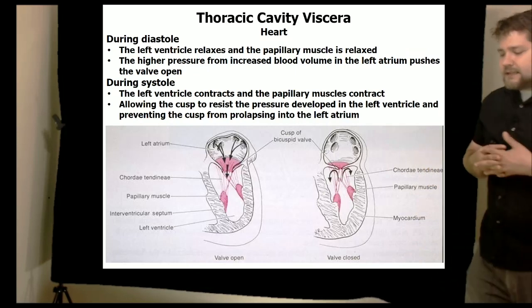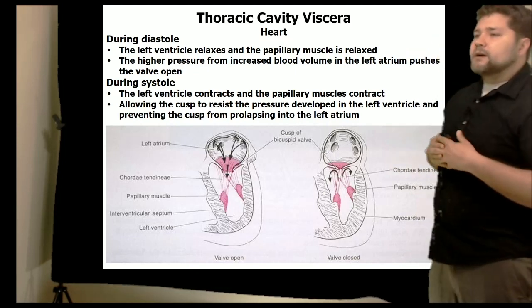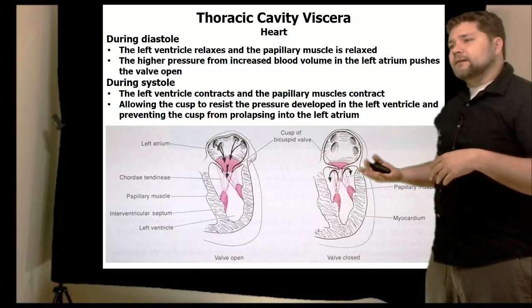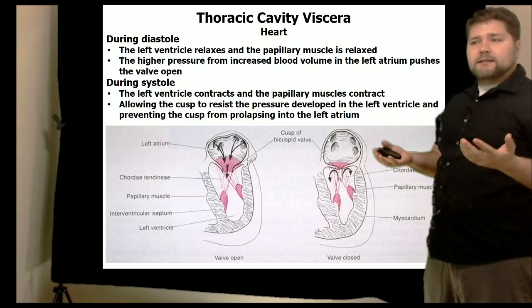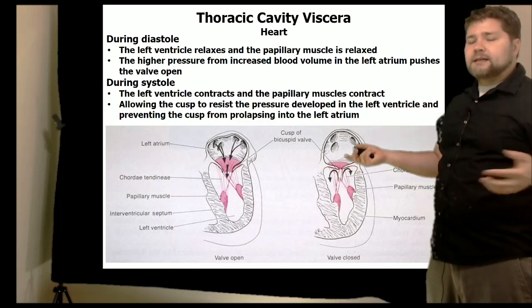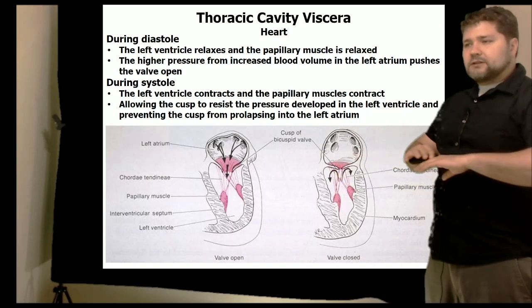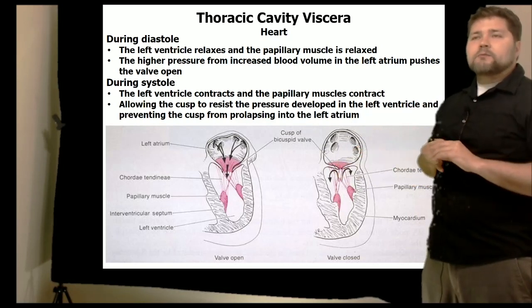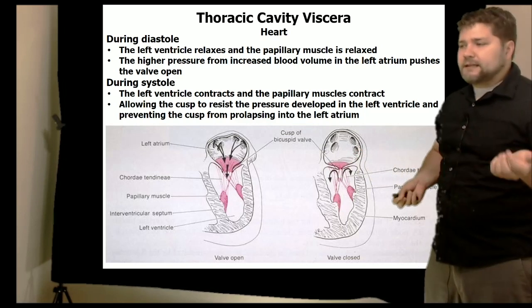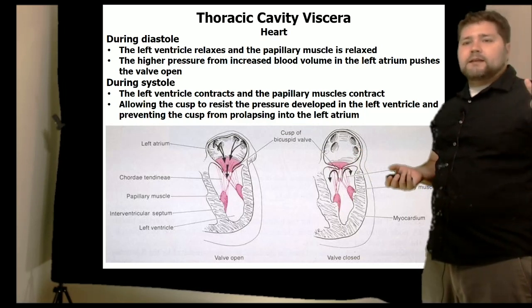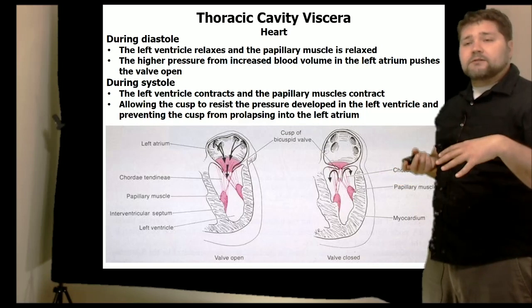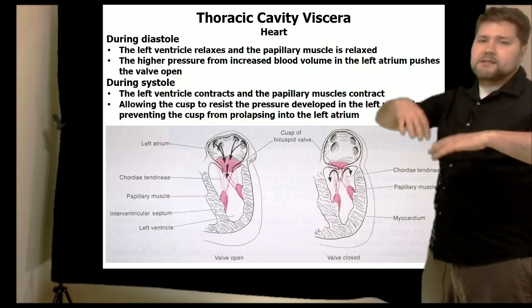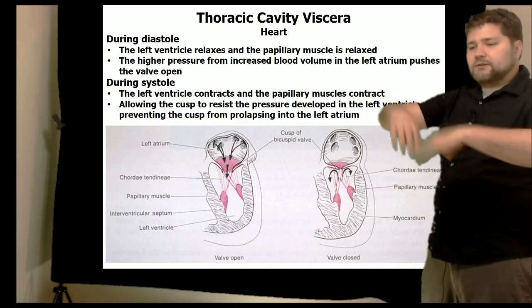So let's take a look at a heartbeat. We already talked about diastole and systole, right? In diastole, the left ventricle is going to relax, papillary muscles are going to relax, everything's just kind of chill. The only pressure is coming from passive pressure in the atrium. This lets the leaflets of the mitral valve, which are really flimsy things, just connective tissue, open.